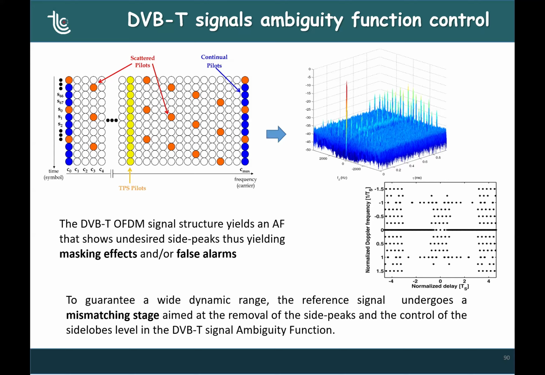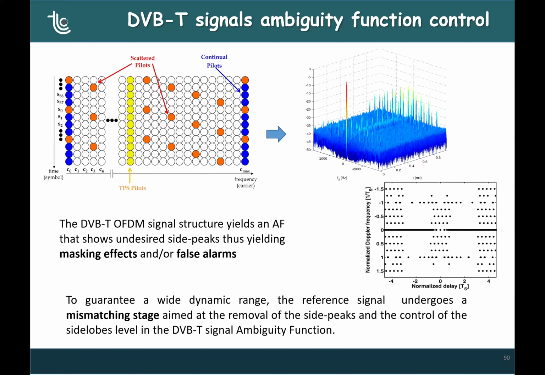The presence of these pilots translates in the ambiguity function into all the peaks that you see in the figure. You see the 3D image of the ambiguity function, and the map of the ambiguity function.